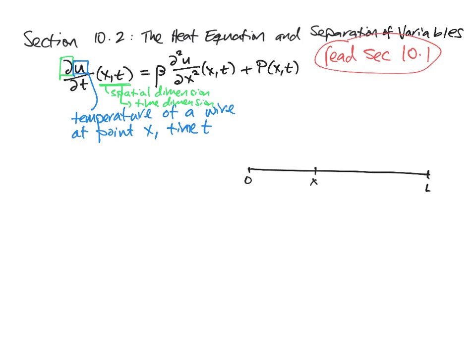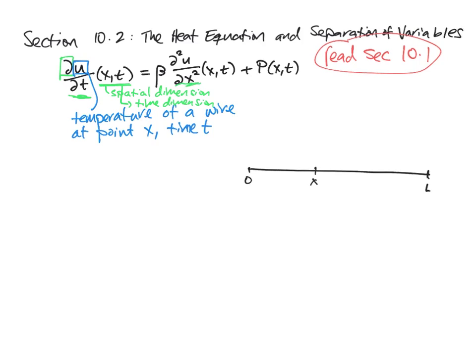And again, for reasons that are discussed in 10.1, we have in this equation one time derivative of u, so how it's changing with respect to time. That makes a lot of sense. And then we actually have two spatial derivatives of u.